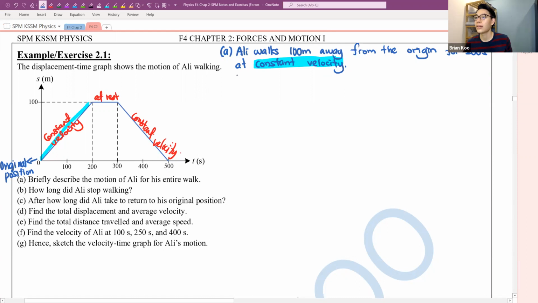And then he then rests for 100 seconds. Okay, that's it.